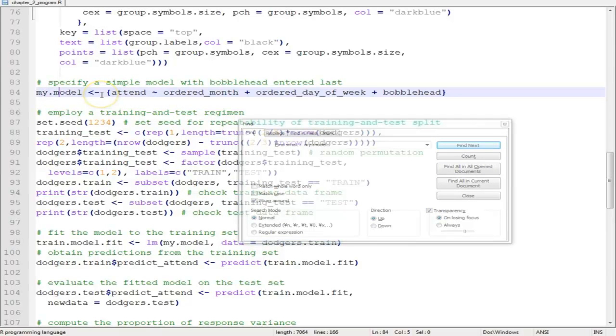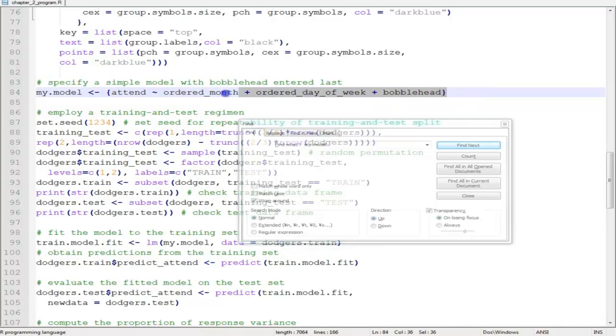He's saying that the model is that we're going to try to predict attendance, and the variables that we're going to include in our model are ordered month, so the month, the day of the week, and the bobbleheads.